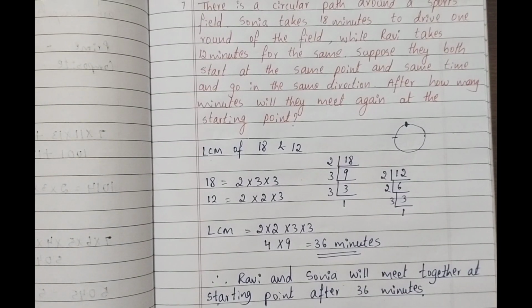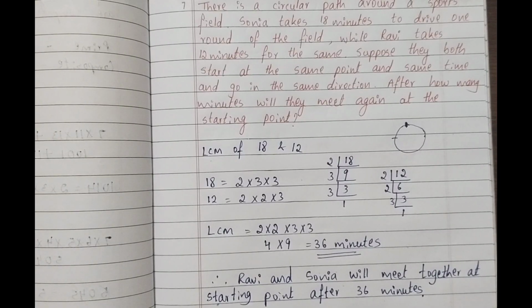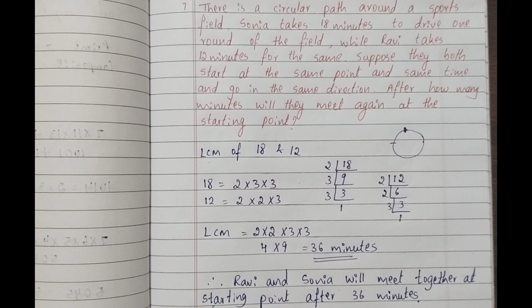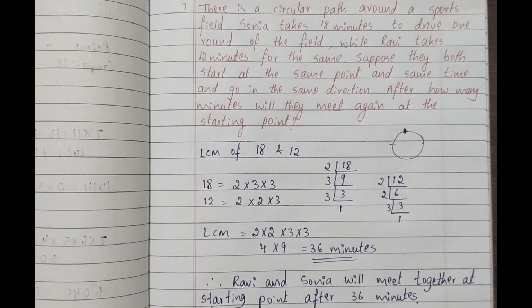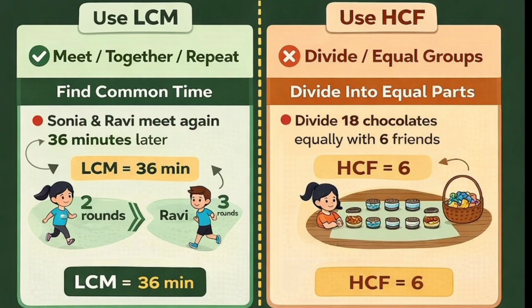Like maximum, largest, equal groups, divide equally. This is how you have to use LCM and HCF. LCM is together, repeat, meet again, and HCF is divide, group, largest. In these cases you have to use the different ones, LCM and HCF.